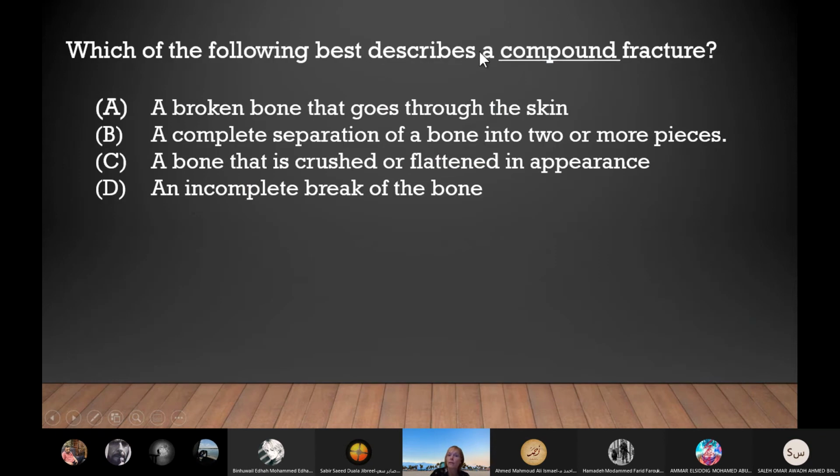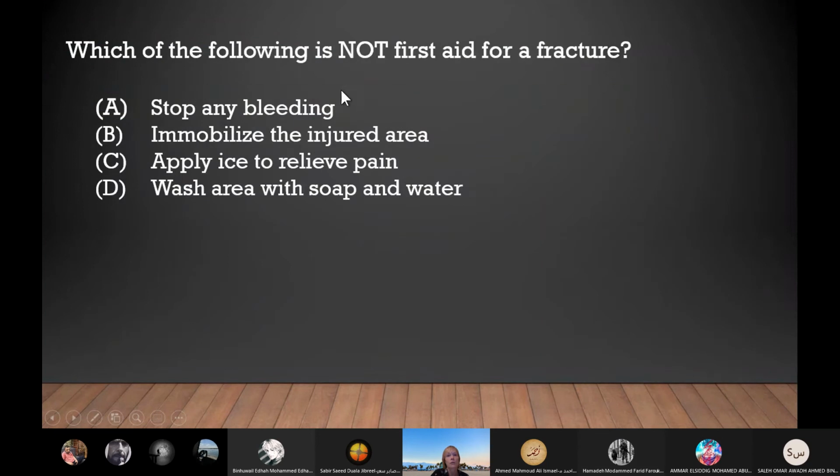Okay, so which of the following best describes a compound fracture? So that's a bone through the skin, A. Definitely a bone that's gone through the skin is compound. Which of the following is not first aid for a fracture? Which of the following would you not do? Apply ice to relieve pain.